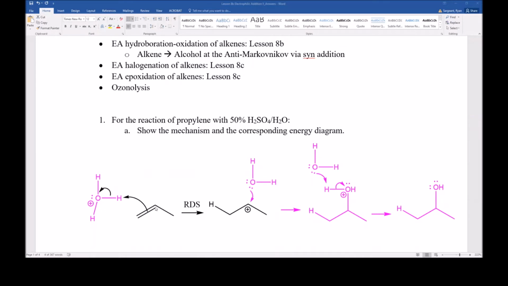It would be the nicest thing in the world if organic chemists would call that carbon the more substituted position and not make up another term, but we are ruled by tradition, and that carbocation is showing up at the Markovnikov position. And so when you look at your product, the alcohol is a secondary alcohol that we produce, and therefore the alcohol showed up on the more substituted position of the alkene, and this therefore is the Markovnikov alcohol.